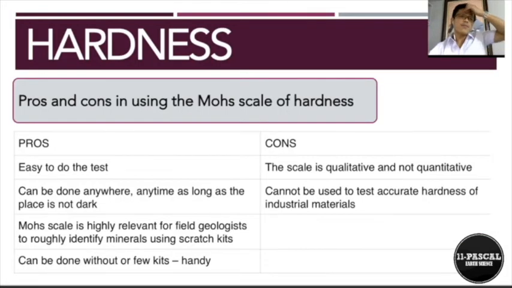So what are the pros and cons in using the Mohs hardness scale? The advantage of using it is it's easy to do the test. All you need is the different common objects and the hardness in mind, so you can identify whether a particular mineral or substance can be scratched or be scratched by a particular mineral.